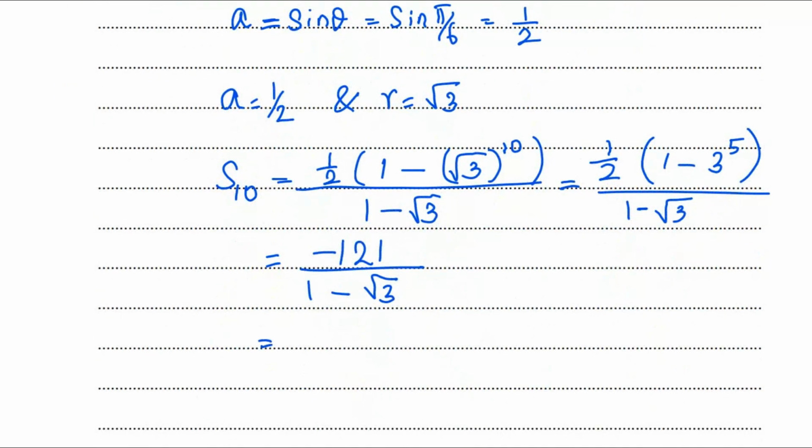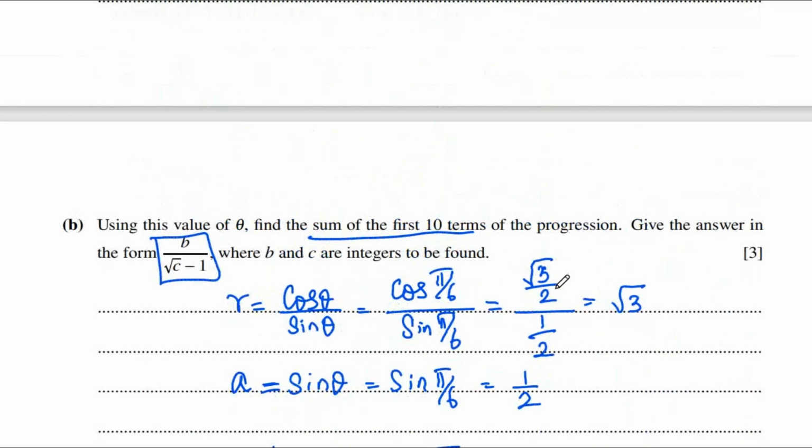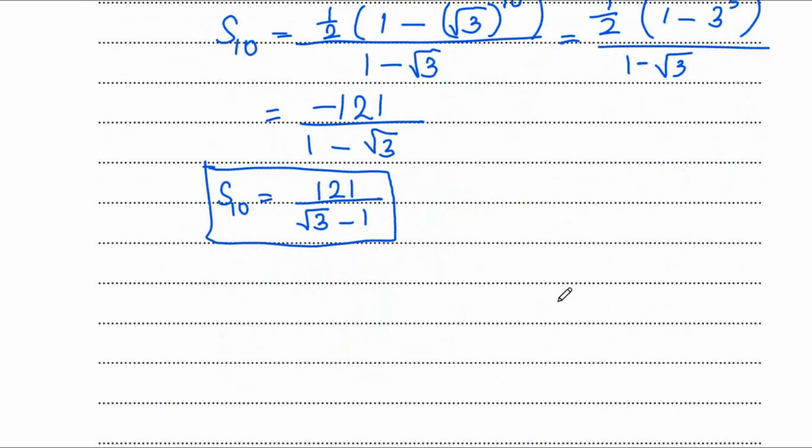So multiply the numerator and the denominator by negative 1. So we get 121 divided by square root of 3 minus 1. So S10 equal to this. And b value is 121 and c is 3.